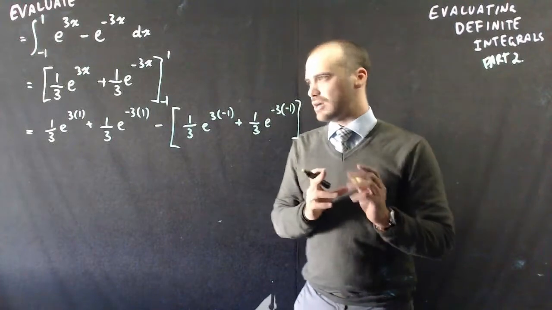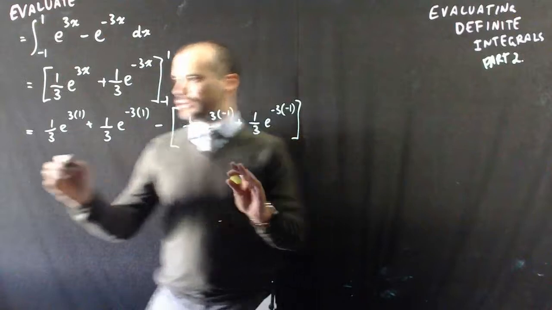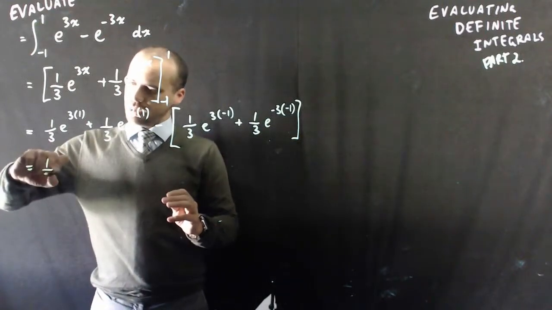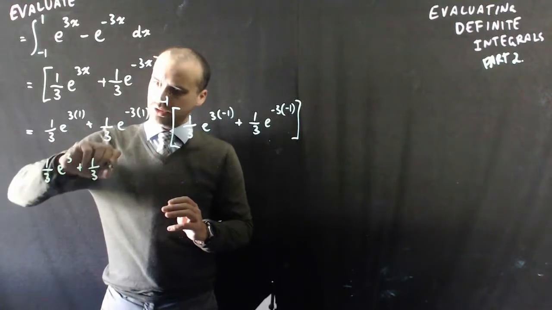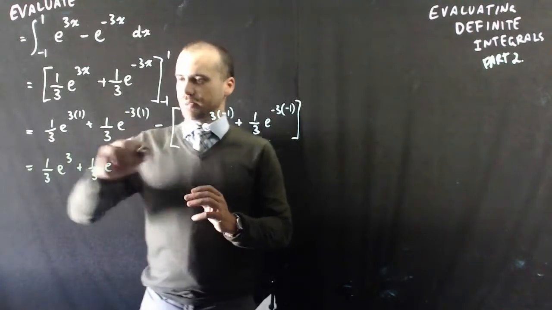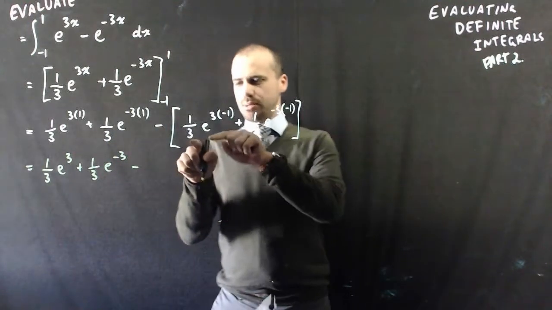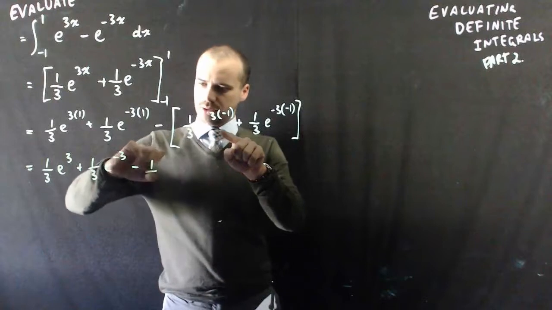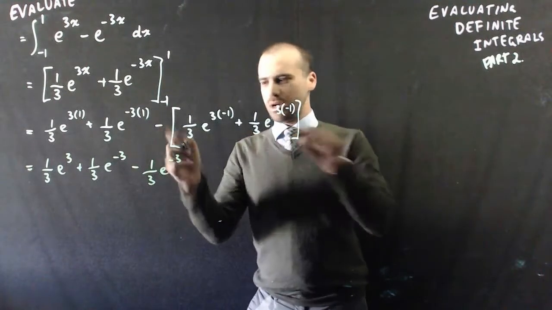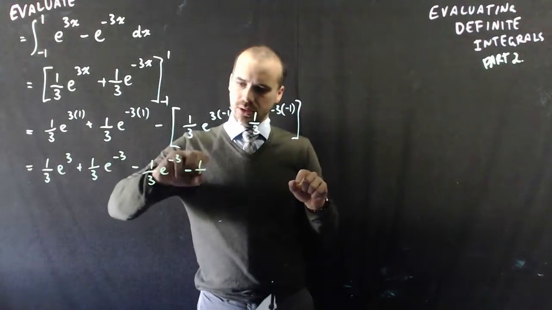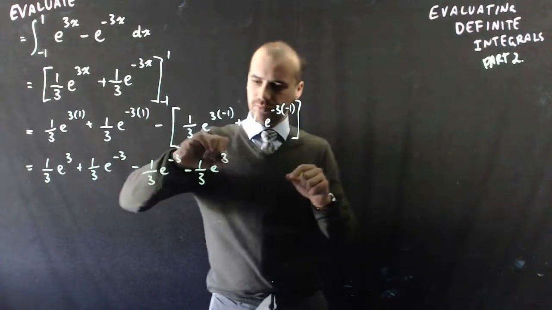Okay, I don't think I need a calculator here because I get a feeling that something weird's going to happen. Because 1/3 e to the 3 plus 1/3 e to the -3, minus 1/3 e to the -3, minus 1/3 e to the -3 times -1, which is 3.